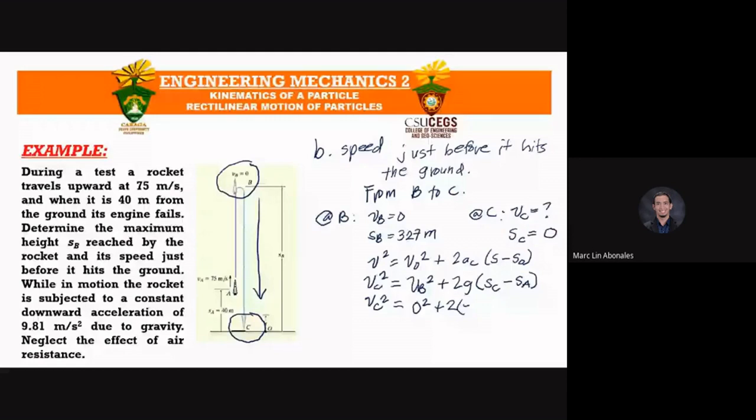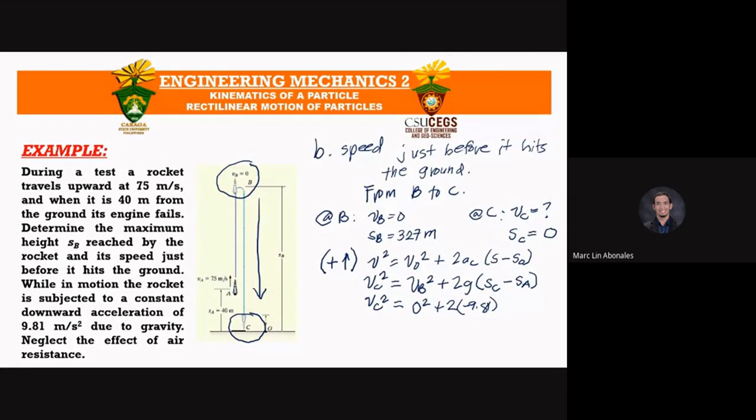Why is it negative 9.81 that we consider here? I forgot to include this again: if you consider the sense of direction where upward is positive, when you substitute the accelerations and velocities, that is your indication of whether it is positive or negative.